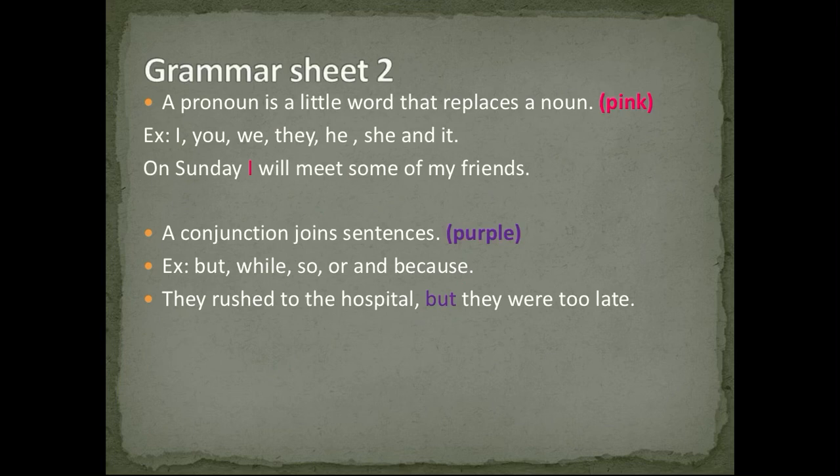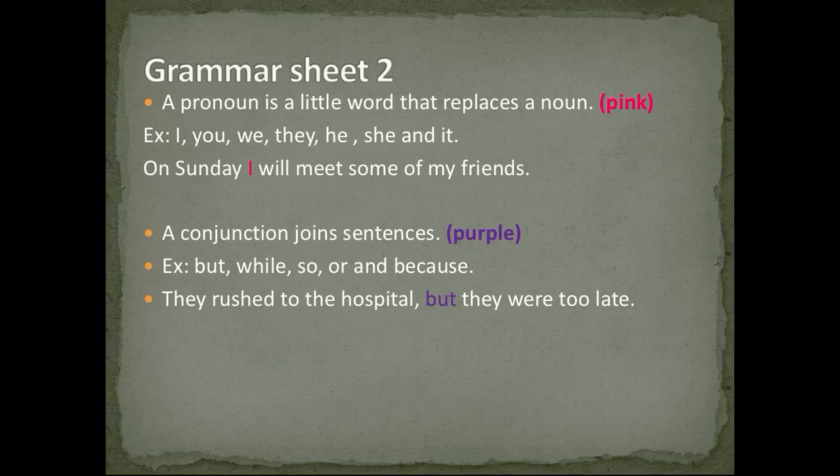The next one, we have conjunctions. Conjunctions join sentences. They are small words. We use them to join two sentences together. Okay, we write it in purple, or again we underline it in purple, like but, while, or, so, and, because. Okay, so this is another example for it.